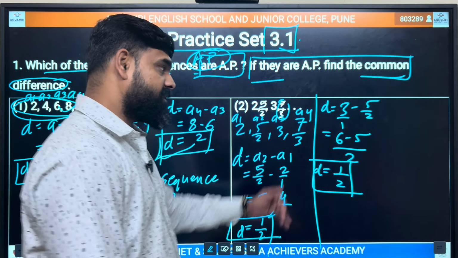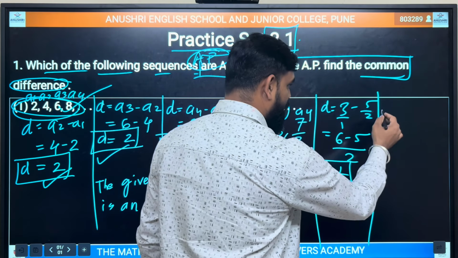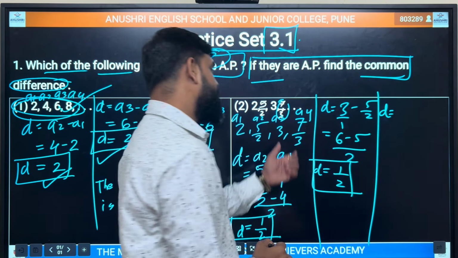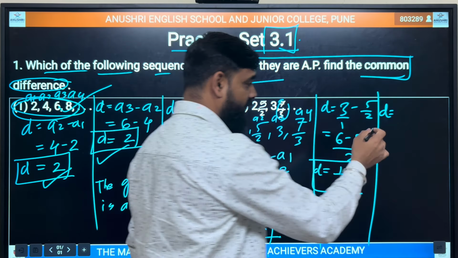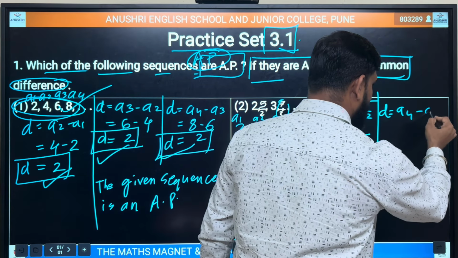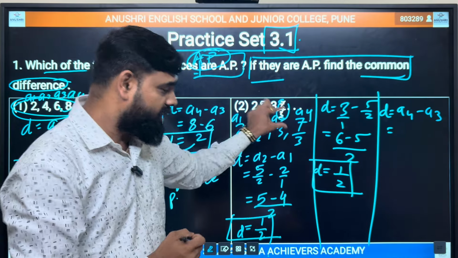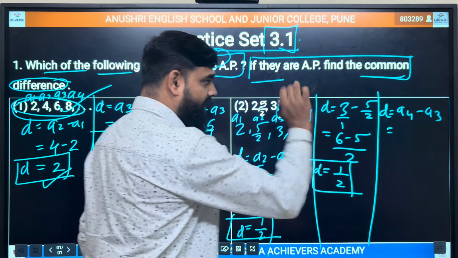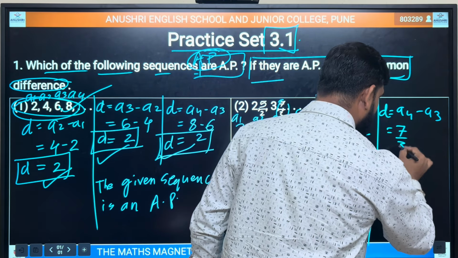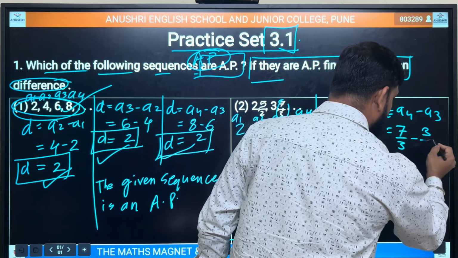But now in the next step, we will get A4 minus A3. A4 in the given textbook question is 7 by 3, so 7 by 3 minus 3 by 1.